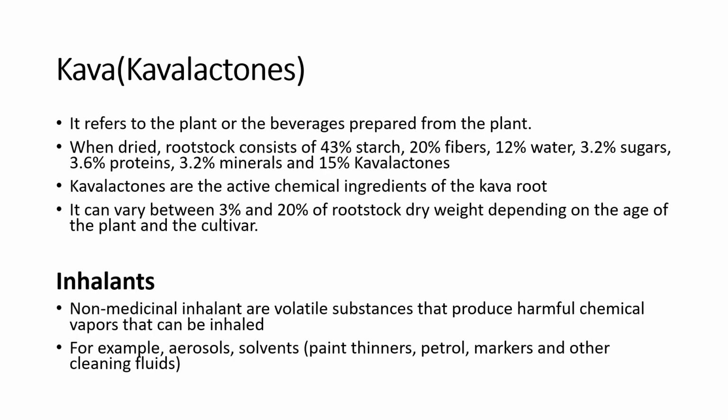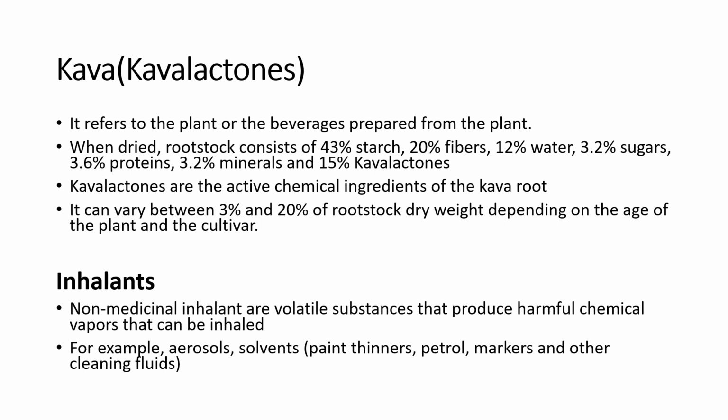Kava is also a non-medicinal drug that contains chemicals. Kava refers to the plant or the beverages prepared from the plant. When kava is dried, the rootstock consists of 43% starch, 20% fibers, 12% of water, 3.2% of sugar, 3.6% of protein, 3.2% of minerals, and 15% kava-lactones.